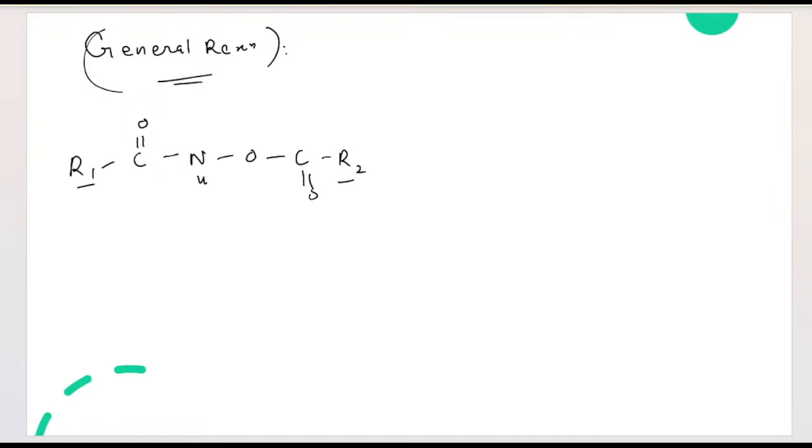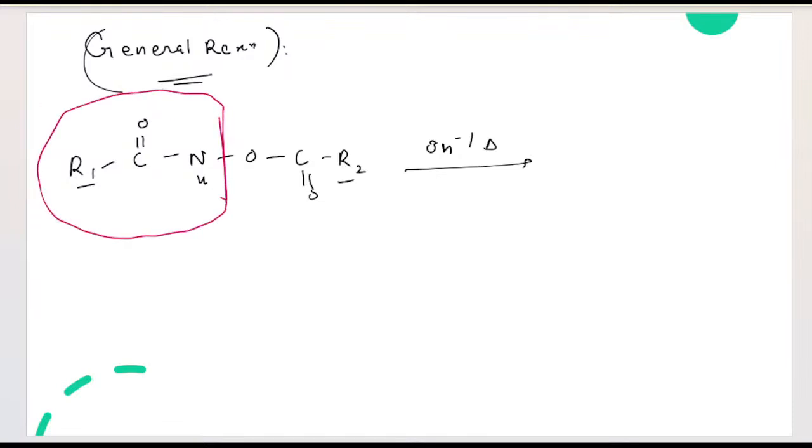Now let's see that in this case we're using a base, a kind of base. If I'm using a base, like we discussed, base or heating, we're getting an amine. Two things we're getting. First of all, this portion goes with the amine, so R1 NH2. And what will be the left part?